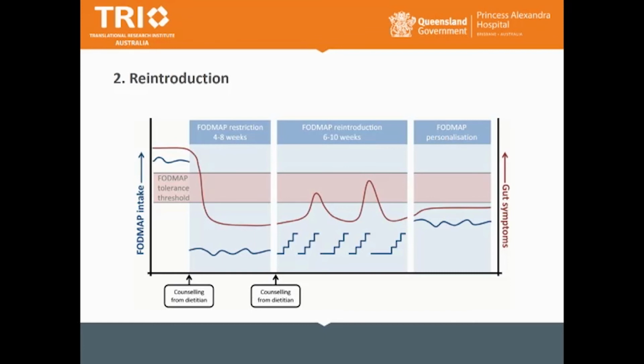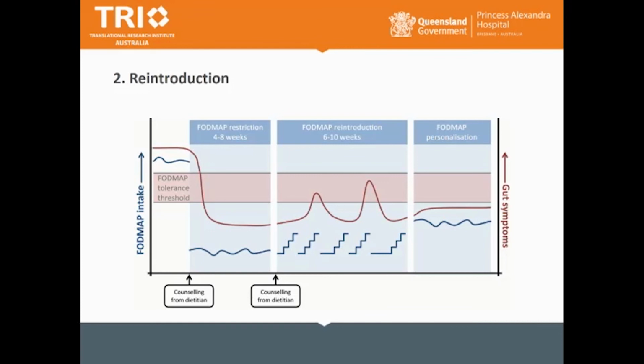Then we have this process for a decent length of time, 6 to 10 weeks, where we actually reintroduce these FODMAP carbohydrates in one by one to test patients' tolerance. So polyols are challenged, fructose is challenged, lactose, etc. are challenged individually over a 2 or 3 day process. And you can see that symptoms will go up if they're sensitive to one or more of these FODMAP carbohydrates.